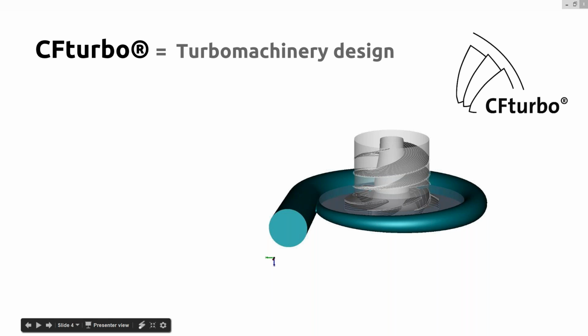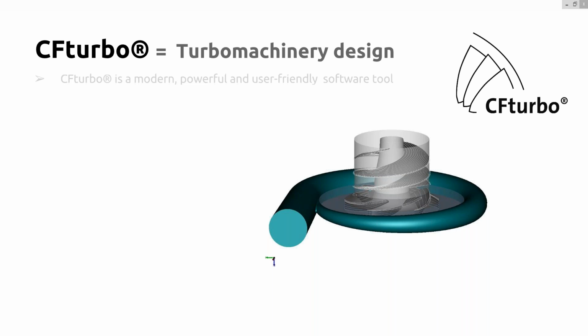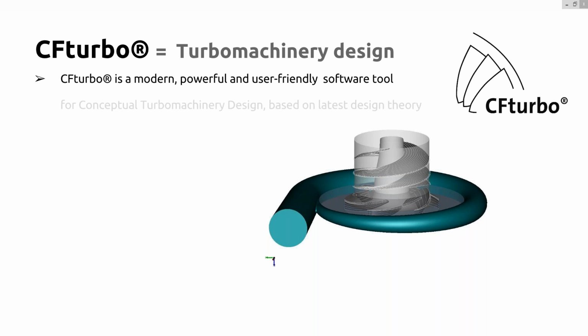Okay, CFturbo is a company based in Germany with 2 offices in Germany, in Dresden as well as in Munich. Our main product is CFturbo, a design tool for the turbo machinery design of all components related to turbo machinery.